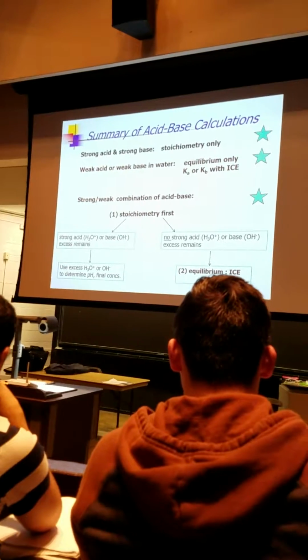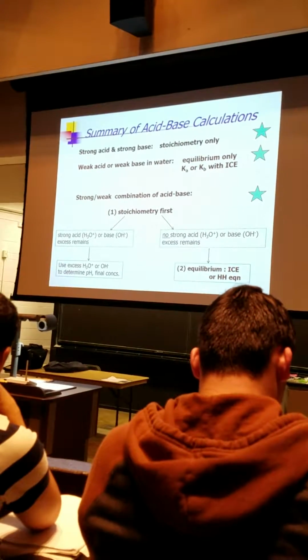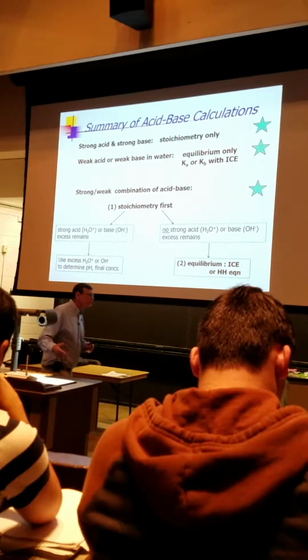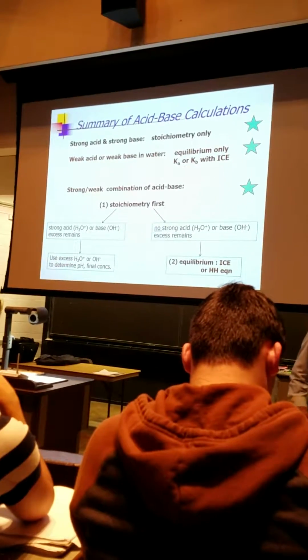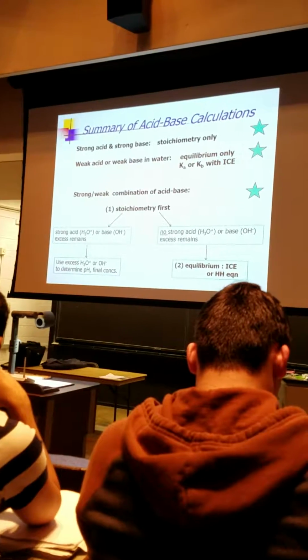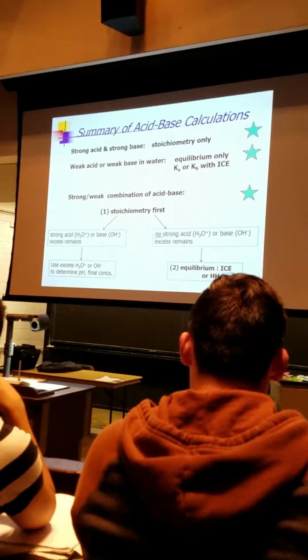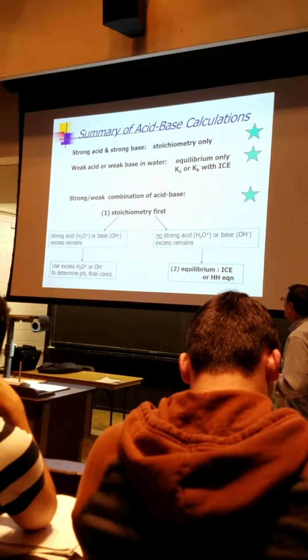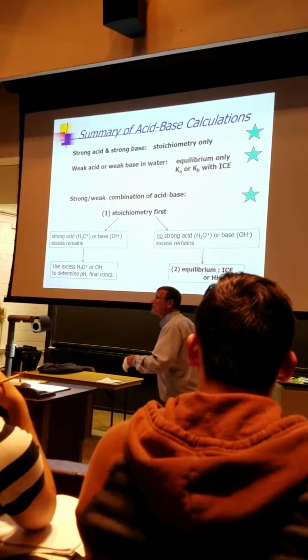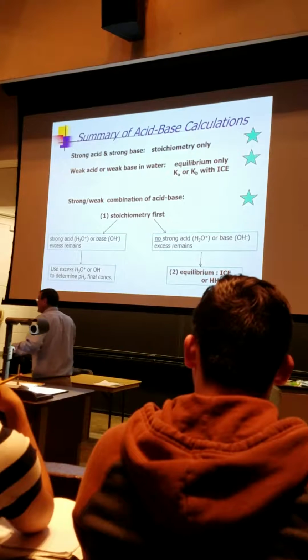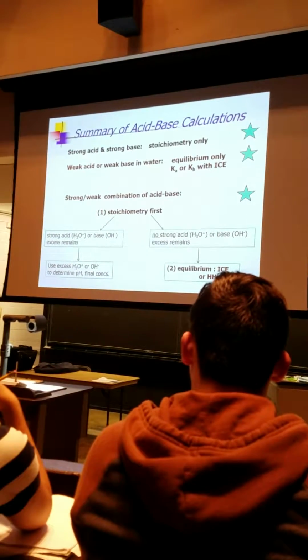Two scenarios. It depends what you have as excess, and what your limiting reactant is. If your strong reactant is limiting, you're going to end up with basically no strong acid or base in solution. In other words, you have excess weak acid or base.